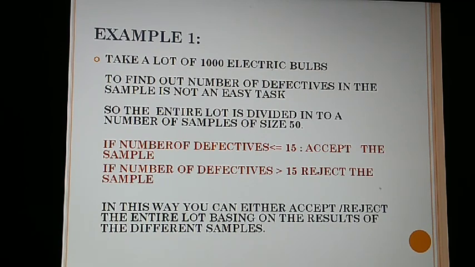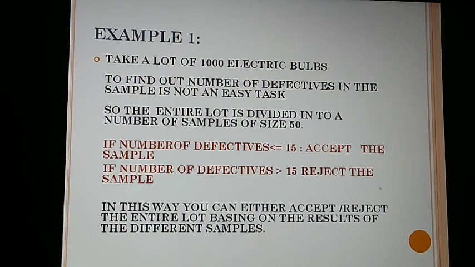Let us think that there is a lot size or batch size of 1000 electric bulbs, and you have to find out the number of defectives from those bulbs. It is a very lengthy and time consuming process to check each electric bulb one by one.